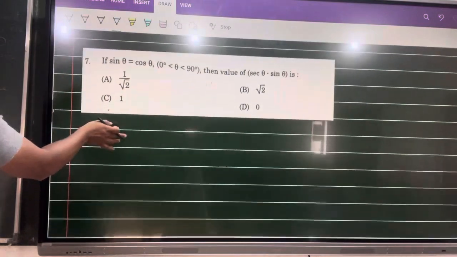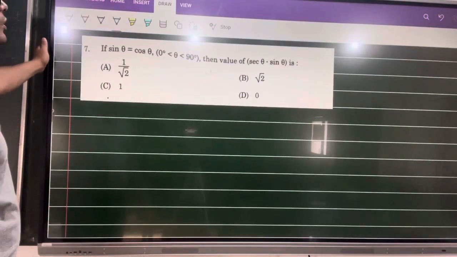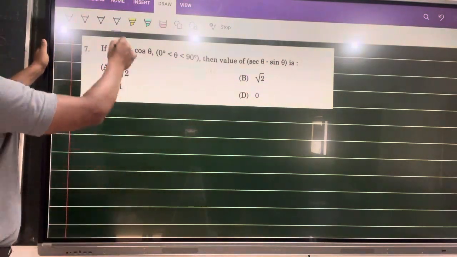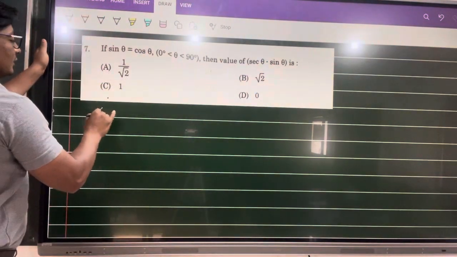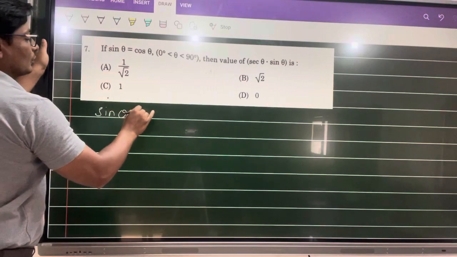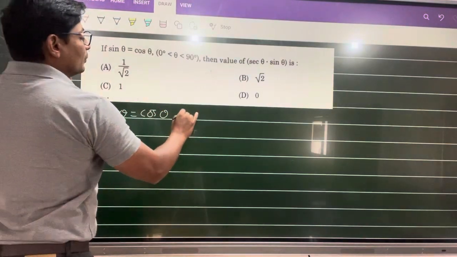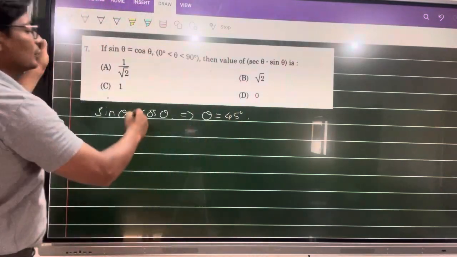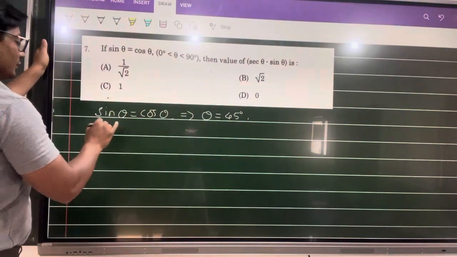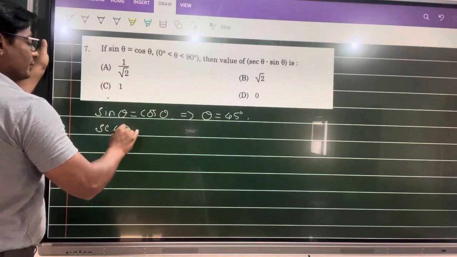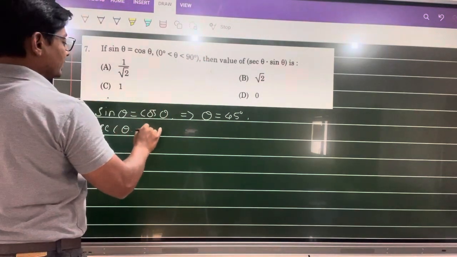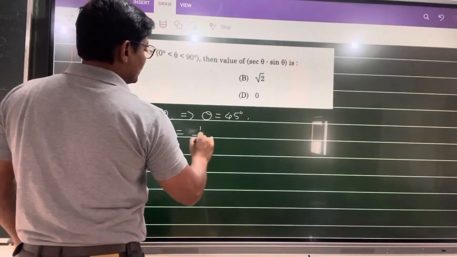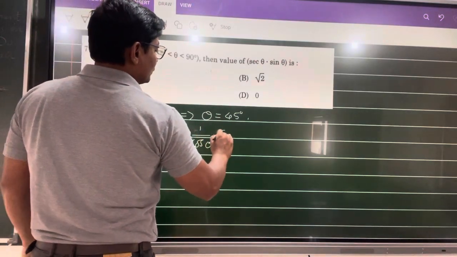Fine. Now in the seventh question they have given: if sin theta equals cos theta for the given range, then the value of sec theta into sin theta is. Very simple question, because we know that sin theta equals cos theta is possible only when theta is 45 degrees. Both values will be equal. Now substitute the same value in the given expression. Sec theta is nothing but 1 upon cos theta, into sin theta.